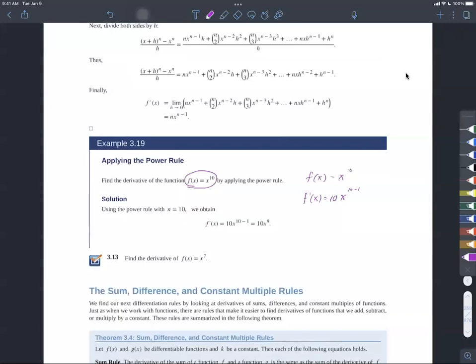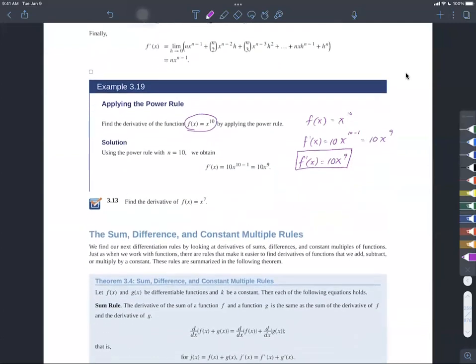The exponent was 10, now it is 10 minus 1. So this is 10 times x to the 9th. This is the derivative function here: f prime of x equals 10x to the 9th. So you can basically do these in 1 second.